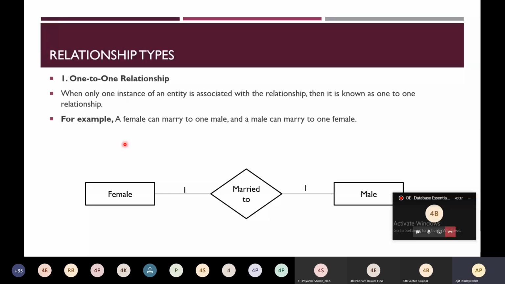For example, a female can marry one male, and a male can marry one female.